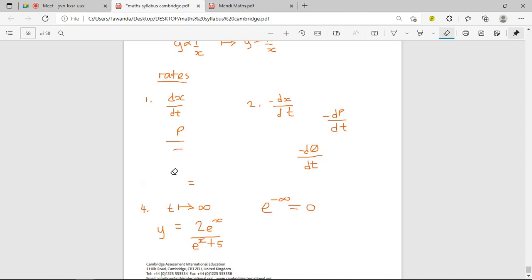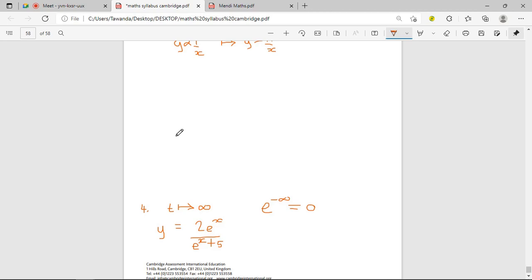Can you write it as a statement? Explain what happens to y when x becomes very large. Right, are you done? Yes.